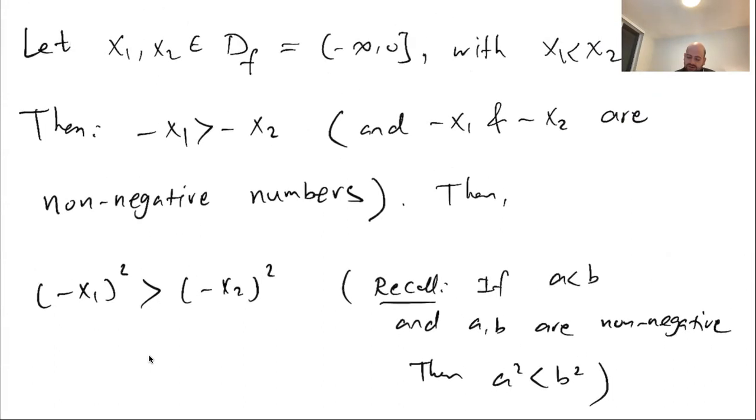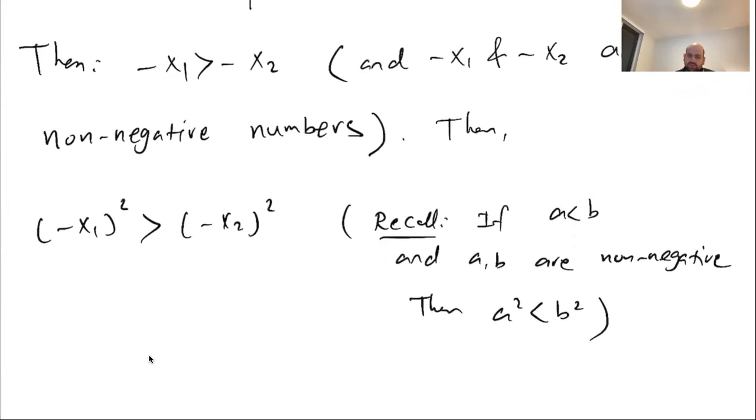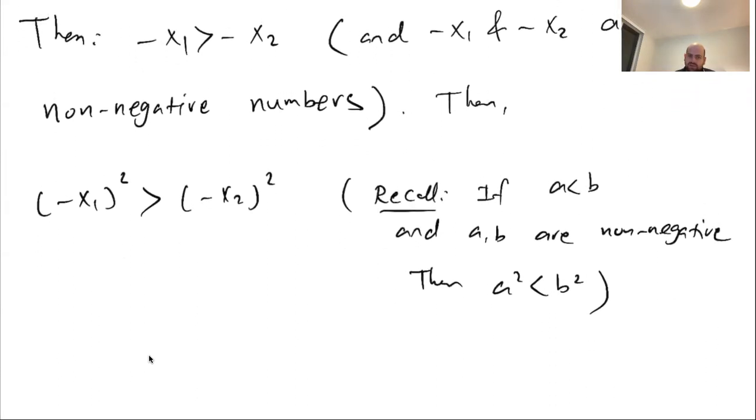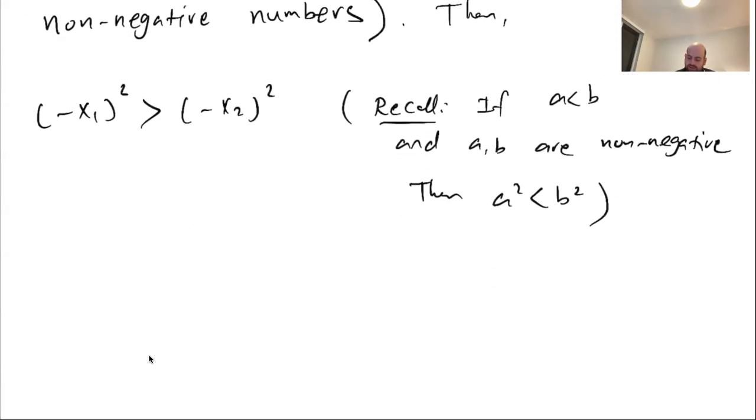And right now, minus x1 and minus x2 are non-negative, so I can raise both sides to power 2. I'll get minus x1 the whole squared bigger than minus x2 the whole squared. So what can we say? So we can say that x1 squared is bigger than x2 squared, which means f of x1 is bigger than f of x2.